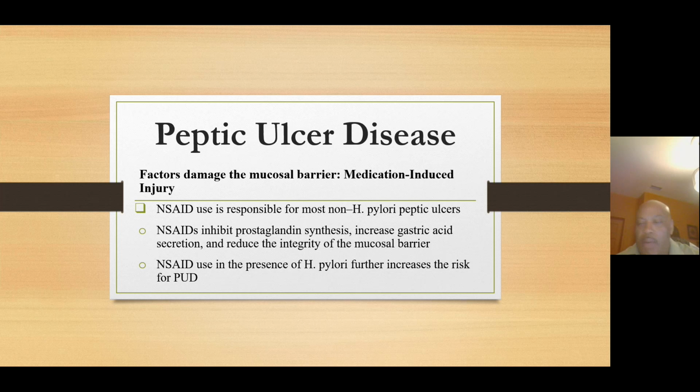Now, NSAIDs, for example Aleve and Motrin, are responsible for most of the non-H. pylori ulcers. In other words, we're talking about a drug cause as opposed to the bacterial cause, that bacteria being H. pylori.